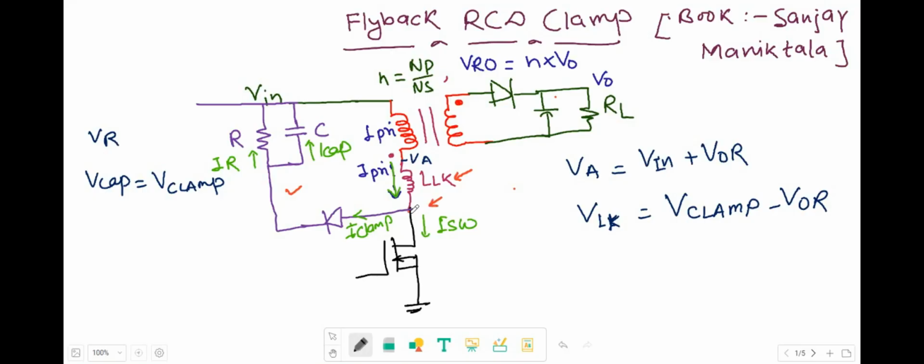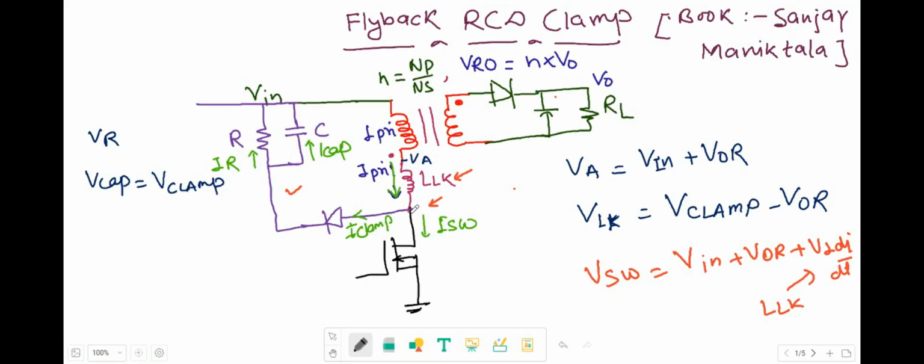Okay, so the voltage at this node, let's say we call it VSW, is going to be your input voltage plus your reflected voltage VOR plus the voltage across the leakage inductance, the rate of change of your leakage current, so LLK di by dt.